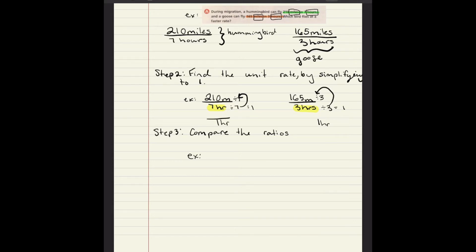And then 7 can go into 21 3 times, and then we add our 0. And then 3 can go into 15, which when we subtract the leftover 1, would be 55 miles. So now those are our unit rates.